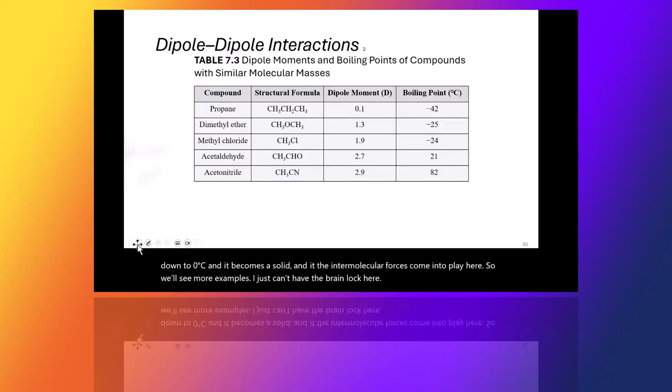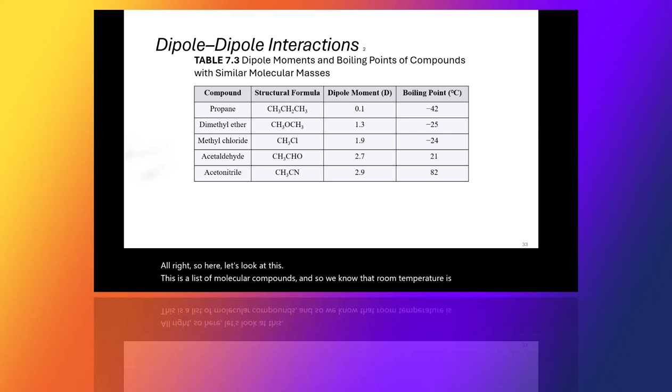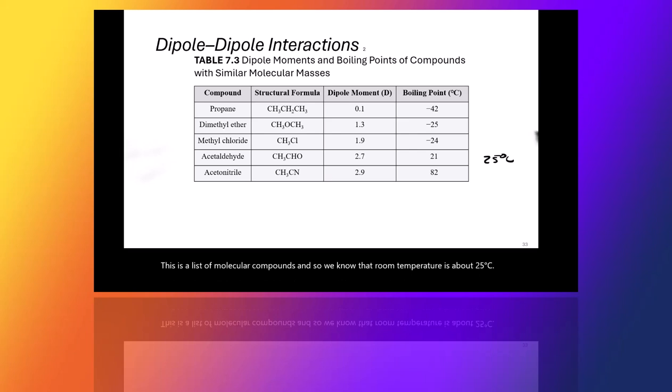All right. So here, let's look at this. This is a list of molecular compounds. And so we know that room temperature is about 25 degrees Celsius. So at 25 degrees Celsius, these definitely, look at their boiling points.